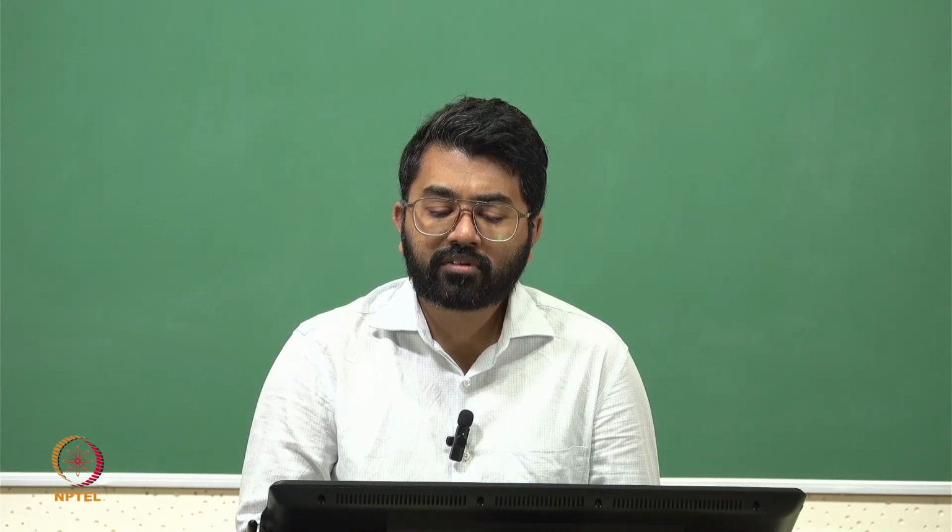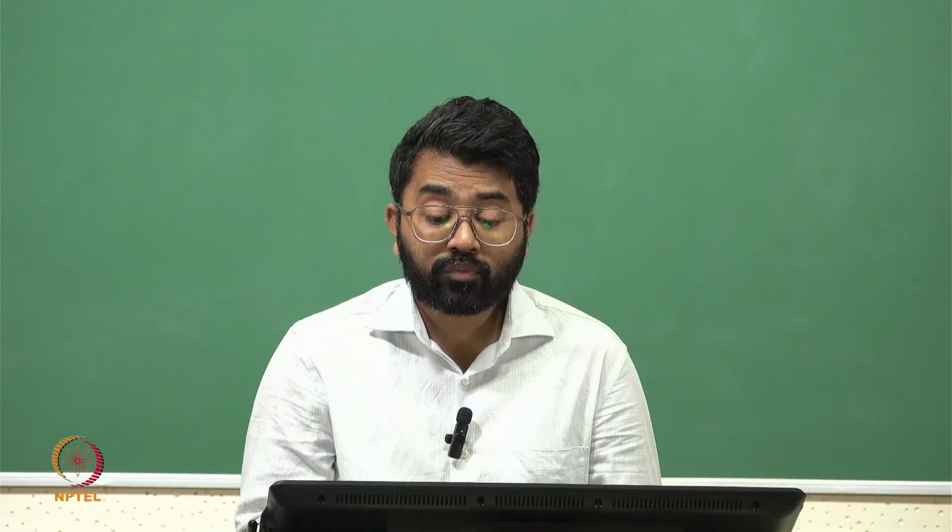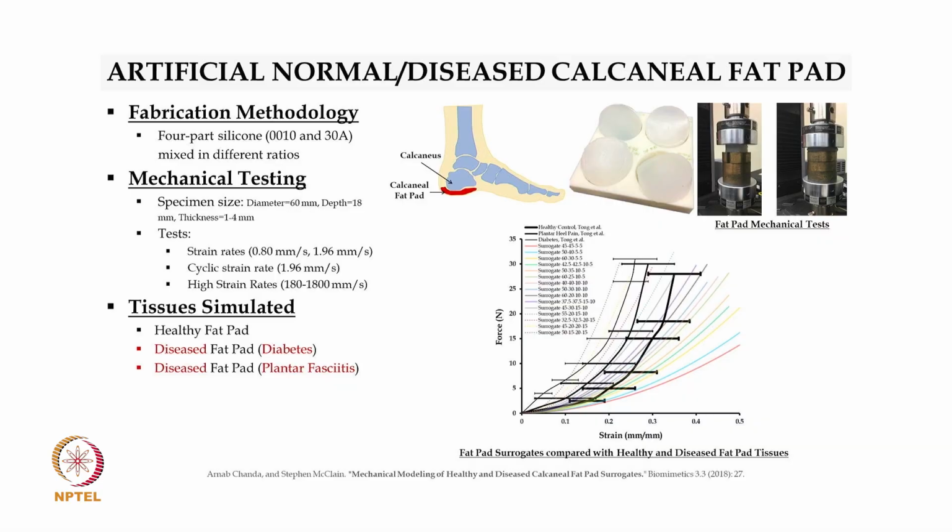So mechanical tests were conducted in all the declared strain rates, and what we found out as a final set of results and the comparison with the literature is all captured in the plot on the bottom right. So you are looking at the healthy control, which is a very thick dark line.